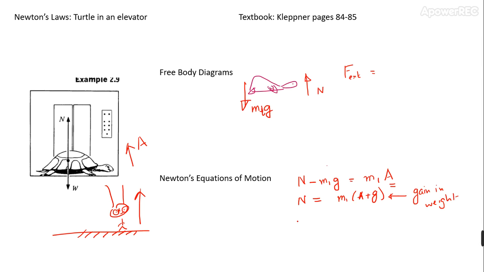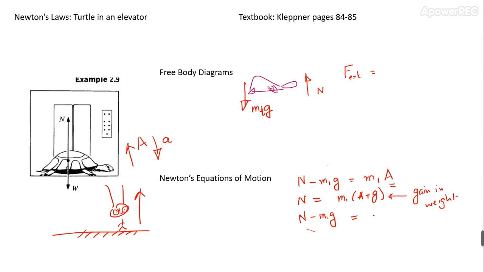So one can easily guess that the equation will change if the acceleration a is now in the downward direction. Then in that case it's going to be N, which is always going to be positive because the lift can only push, minus m1g, which will always be negative because gravity is in the downward direction.